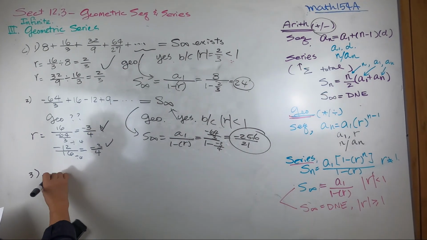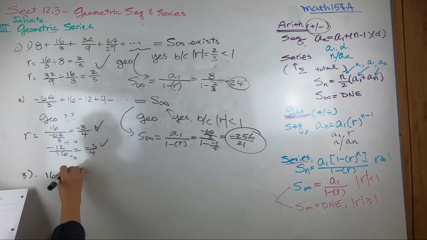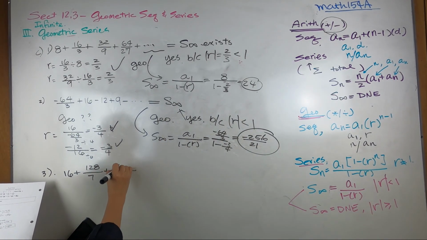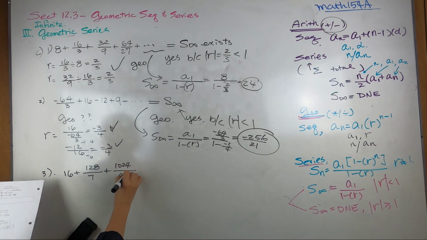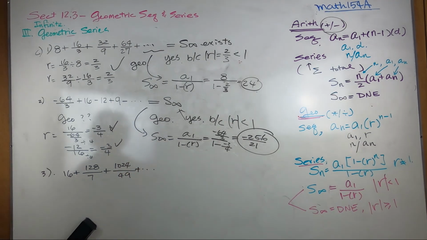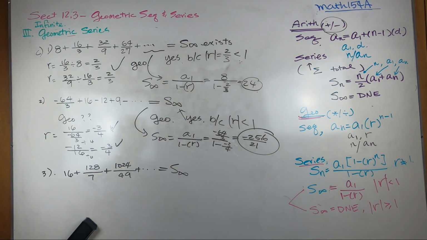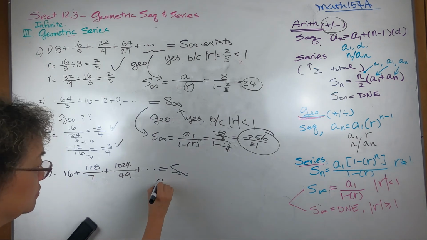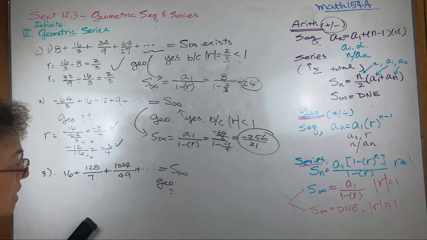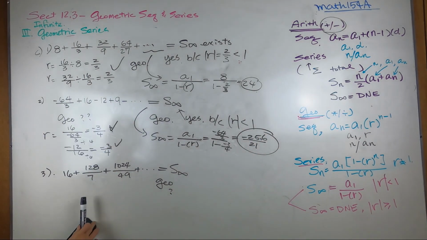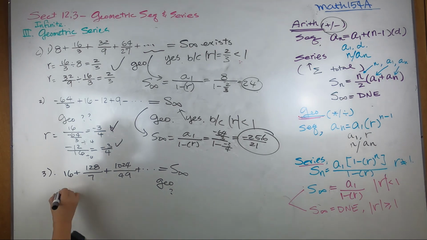Okay, next one. We have this 128/7 plus 1024/49 plus and so on. Right? So this is S infinity, infinite series. So first we have to decide if it's geometric or not. If it's arithmetic, it doesn't exist, right? Because fraction looks like geometric.